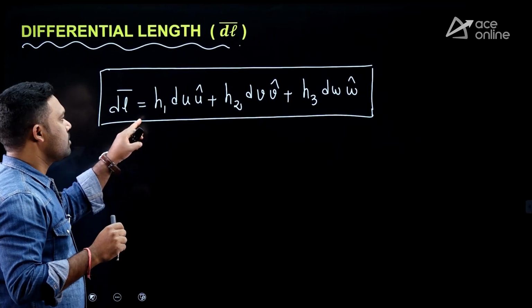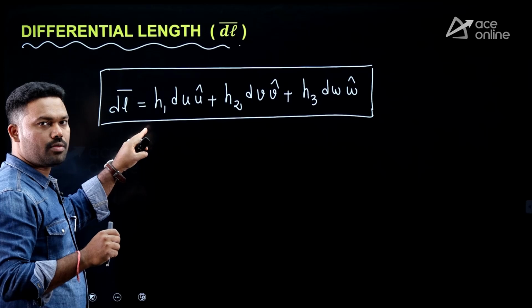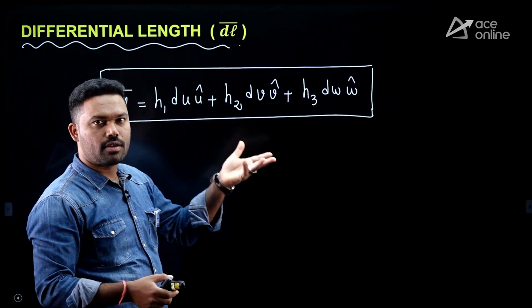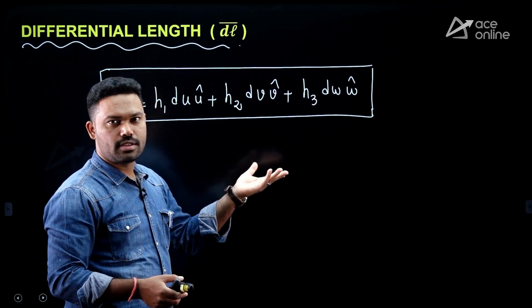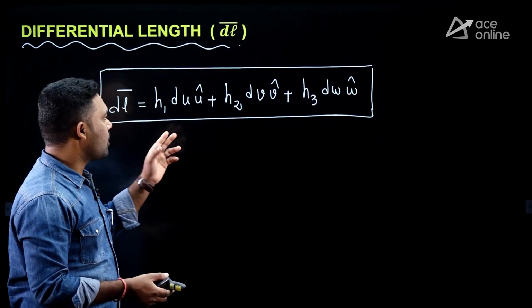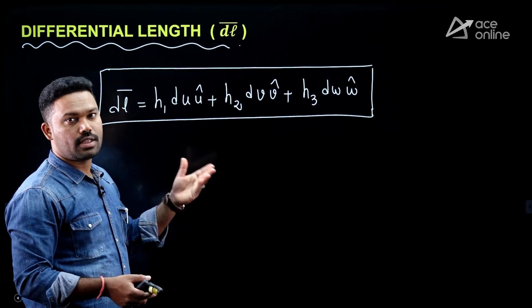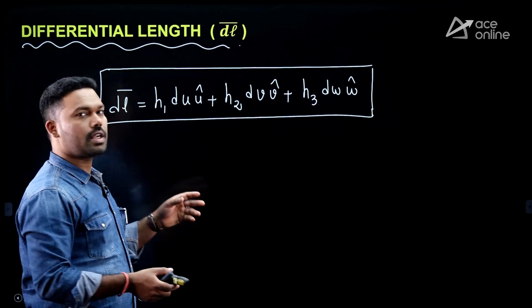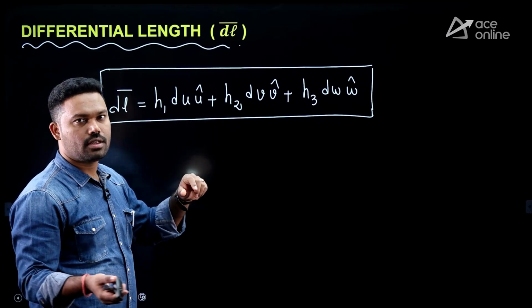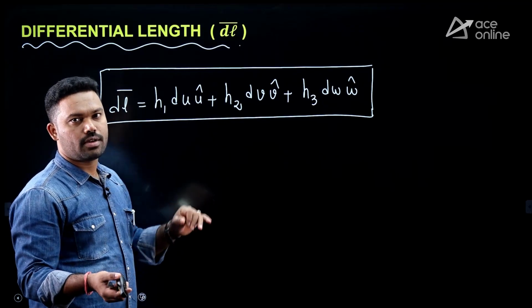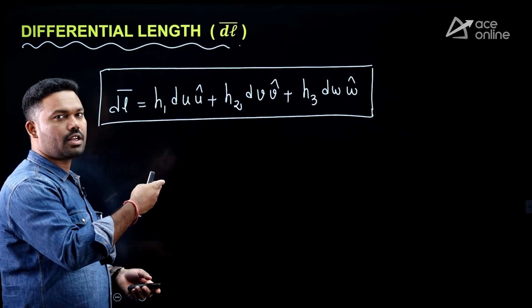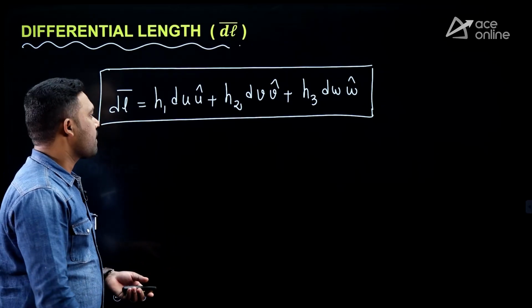This is a generic or standard form. If you want to get it for the Cartesian, h1, h2, h3 will be 1, 1, 1, and u, v, w will be x, y, z. If you want it for the cylindrical, it is 1, rho, 1, with coordinates rho, phi, z. If you want it for the spherical coordinate system, it is 1, r, r sin theta, so the coordinates will be r, theta, phi. Clear, guys? So you need not remember the 3 things. Just remember this one, that is easy.